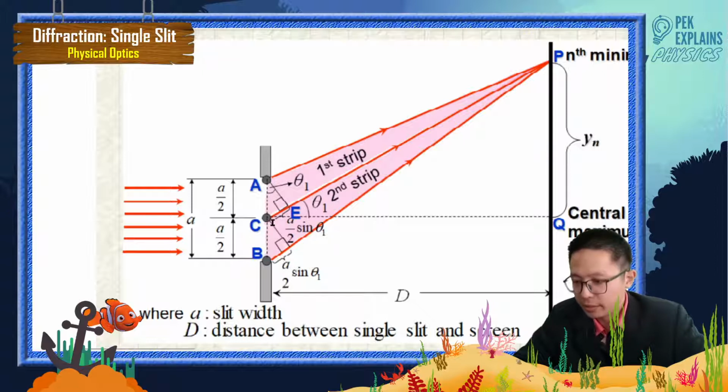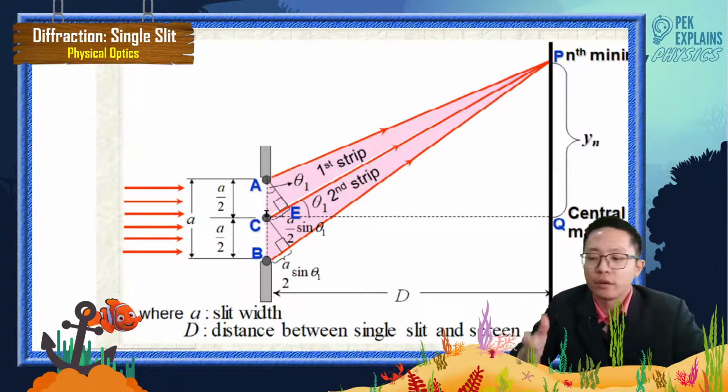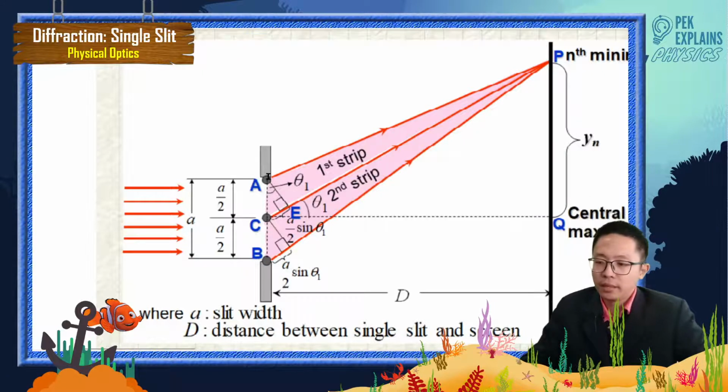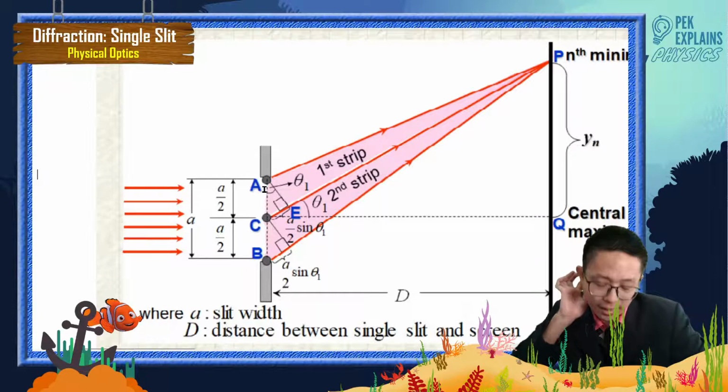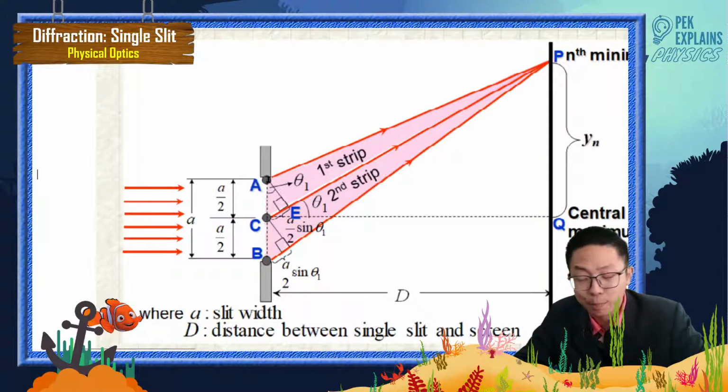But let's look at here. Between A and C, which one travels the further distance? A or C? Of course, it's C. What I mean is we just take the particle at point A and the particle at point C. That means we just consider these two waves.